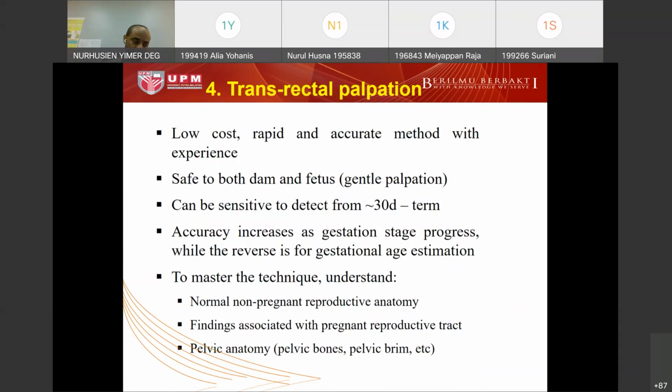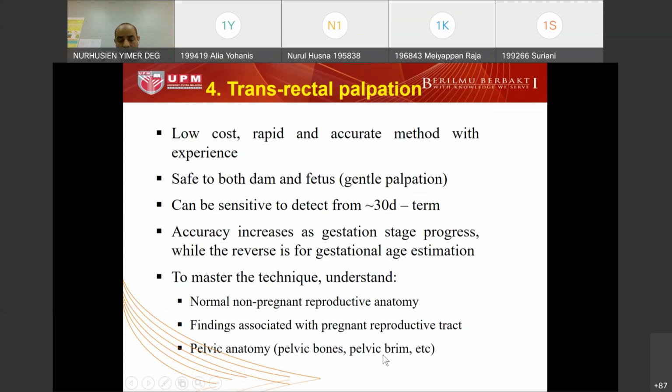In addition to that, the anatomy of the body of the animal, especially pertaining to the pelvic region, is also very important. You talk about osteology, it is quite crucial. You got to know the pelvic bones that make up the pelvic cavity, in which most of the time you'll find the reproductive organs located, especially when the cow is not pregnant, and also the pelvic brim.